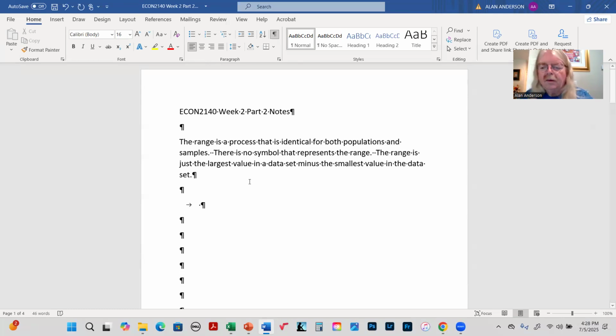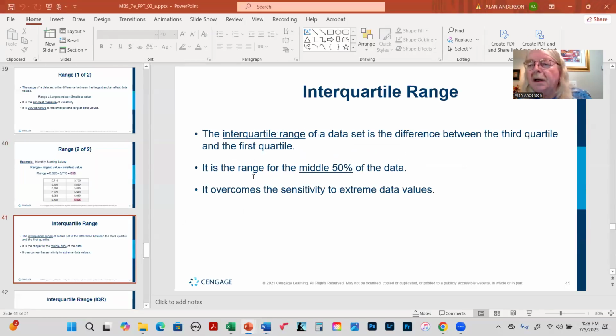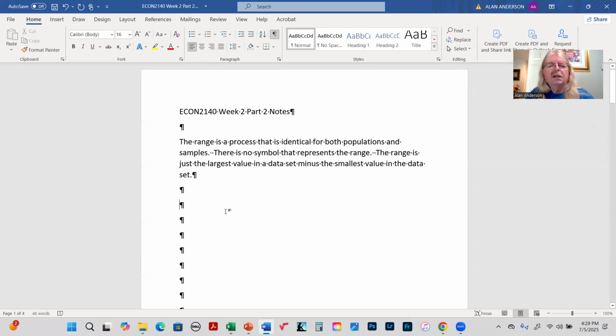Okay, the next thing you notice is the interquartile range. This one is a little bit different because it directly involves quartiles that we looked at last time. If you remember correctly, the quartiles are actually specialized percentiles.